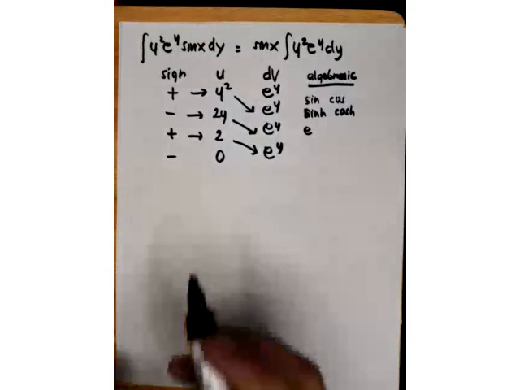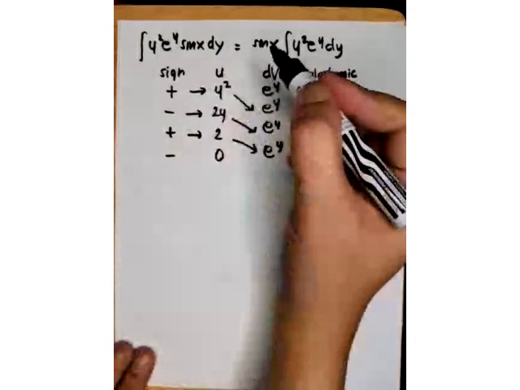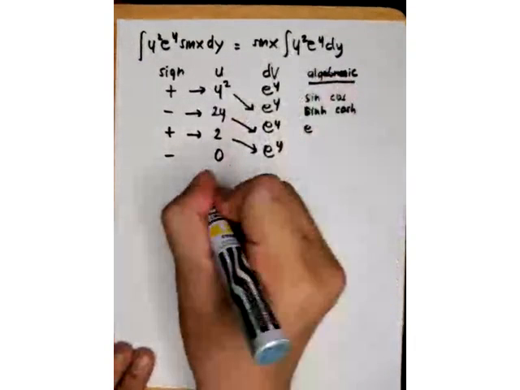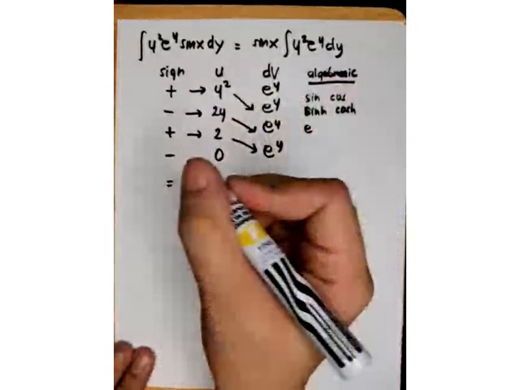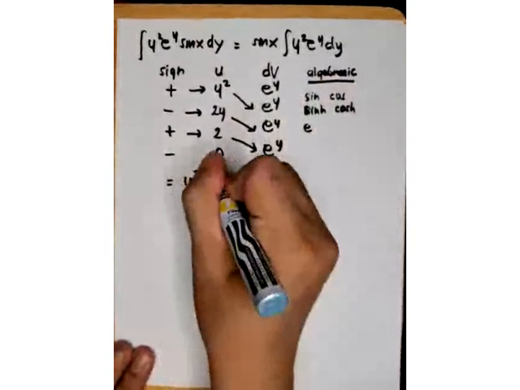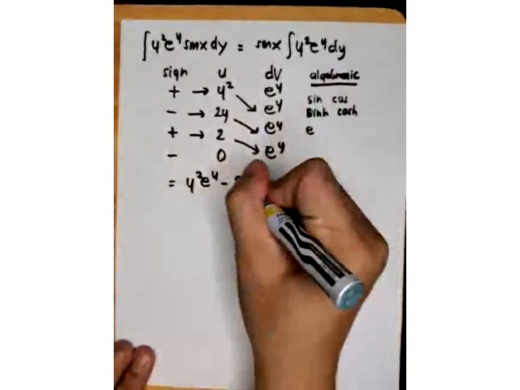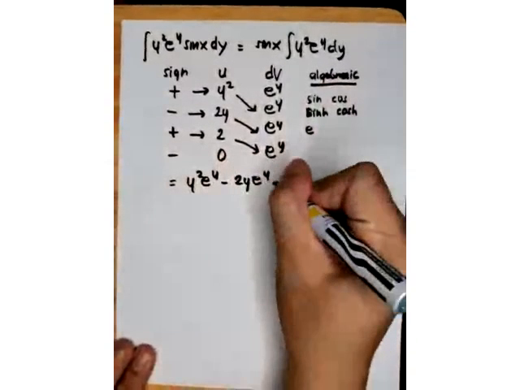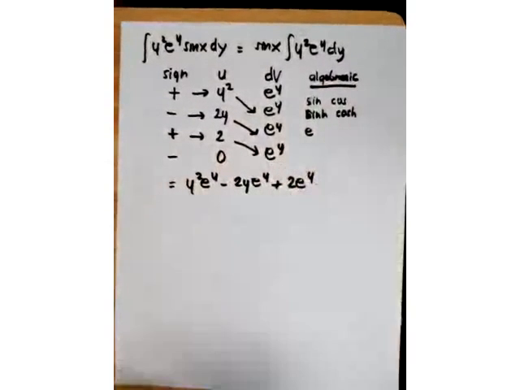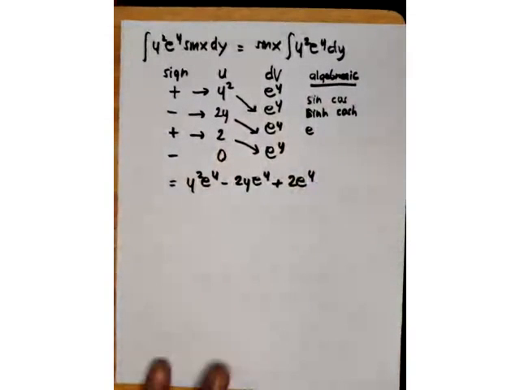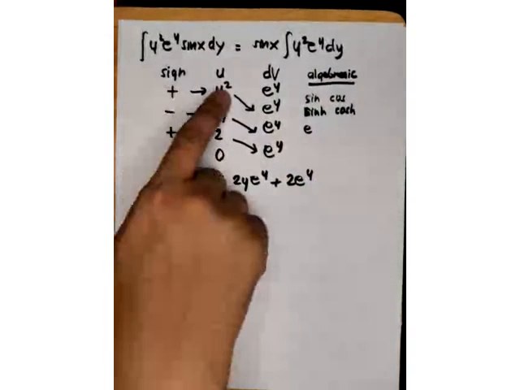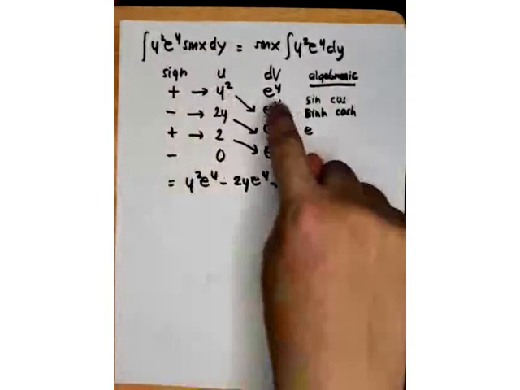Okay. So, ano ba yung using tabular method? Therefore, the integral is equal to y squared e raised to y minus 2y e raised to y plus 2e raised to y. Ayan. Multiply nyo dito and then multiply nyo dito.